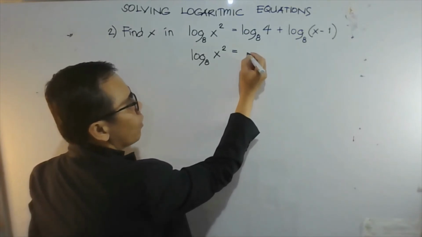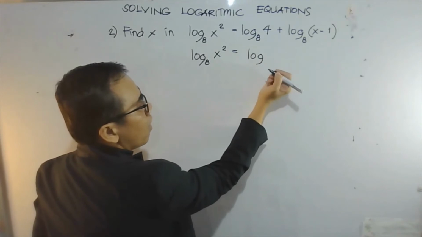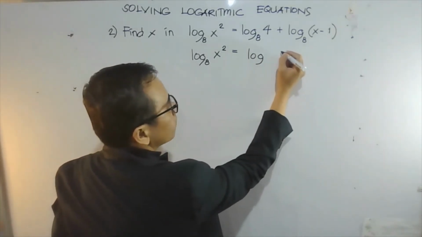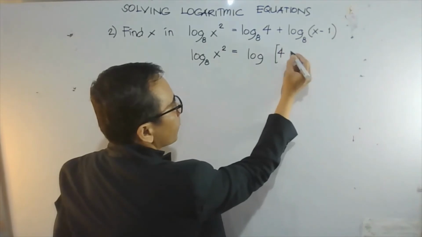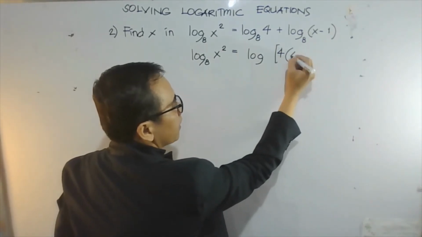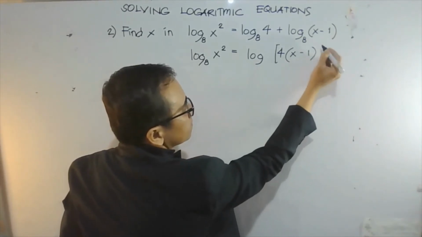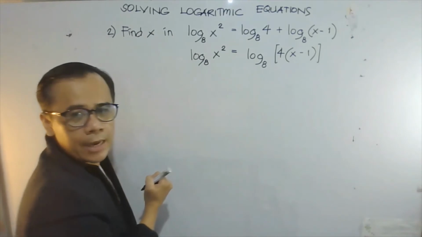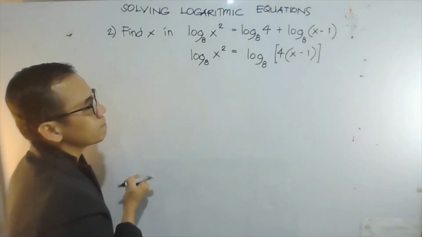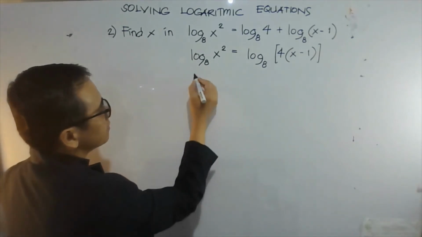So this is equal now to the logarithm of 4 multiplied by x minus 1 base 8. Okay, so let's simplify it.